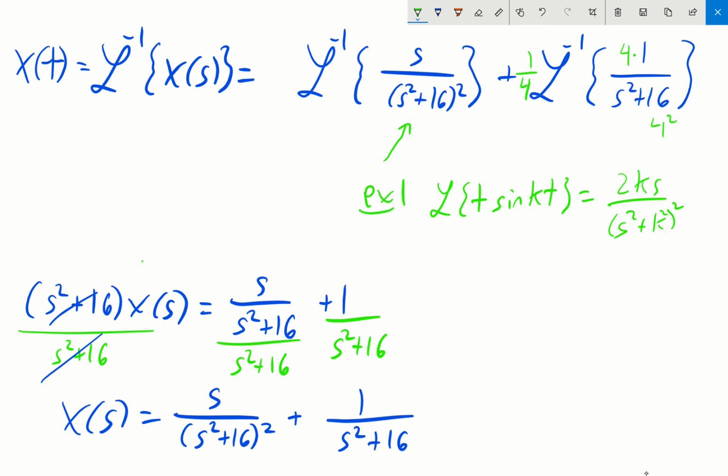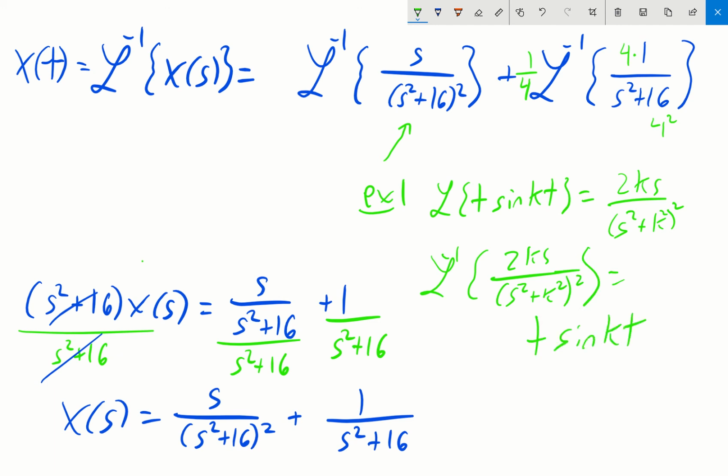And therefore if I apply the inverse Laplace transform to both sides, we should find the inverse Laplace transform of 2ks divided by s squared plus k squared, squared is equal to t times the sine of kt.